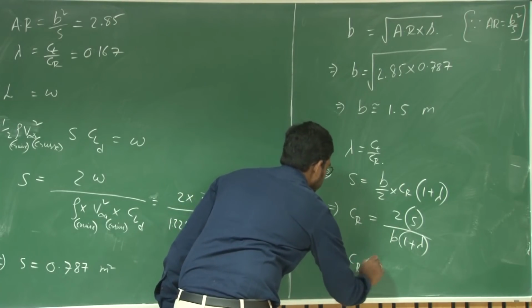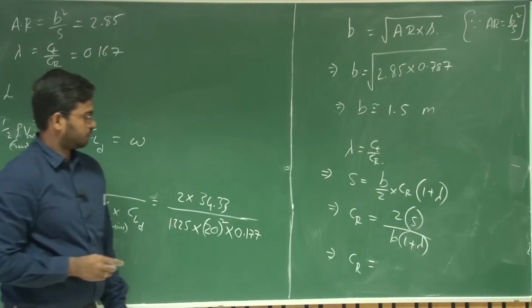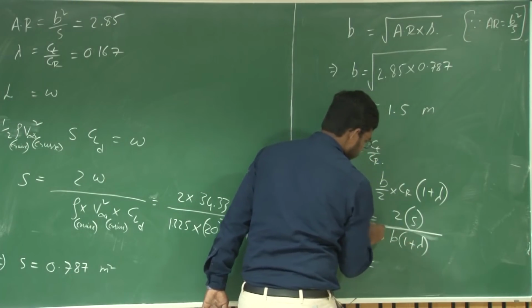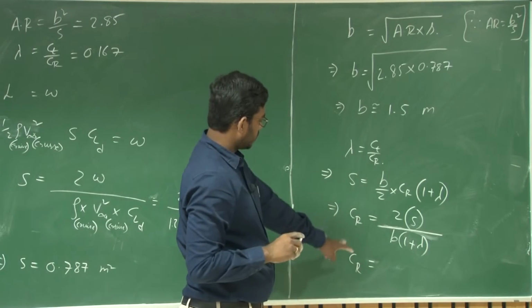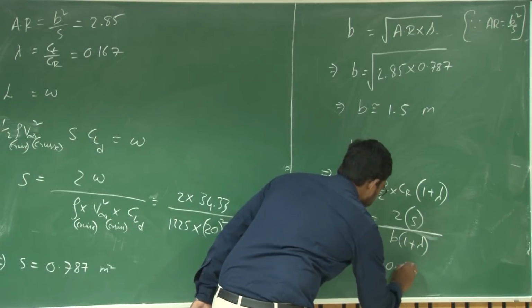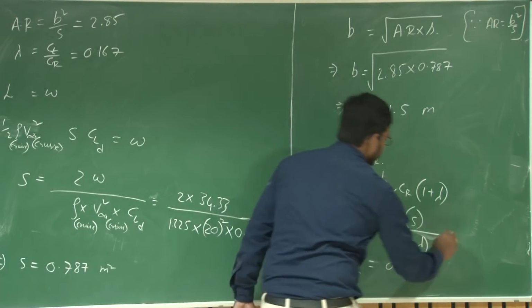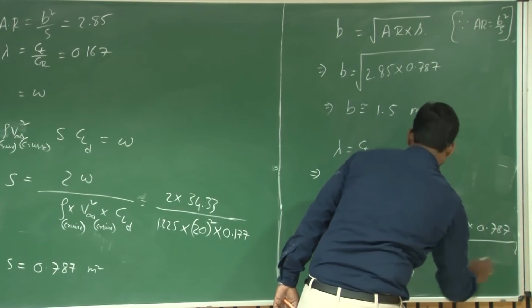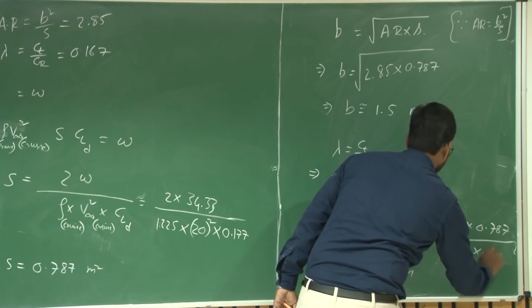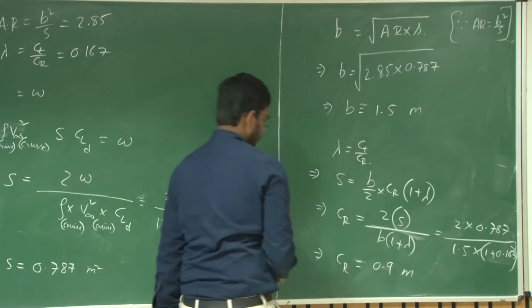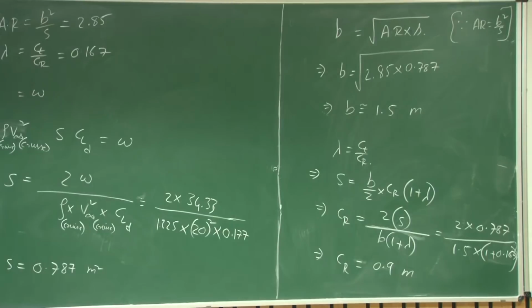So Cr is equal to 0.9 meters approximately, which is twice 0.787 divided by 1.5 meters into 1 plus 0.167, right. So the root chord is 0.9 meters.